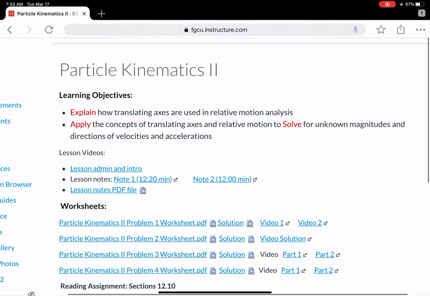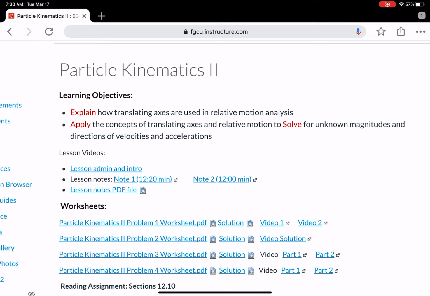Today's class is practical kinematics 2, and we will discuss relative motion. What is relative motion? Have you observed that before? You may also have studied that in physics. Basically, it is to study the motion of one moving object with respect to other moving objects.